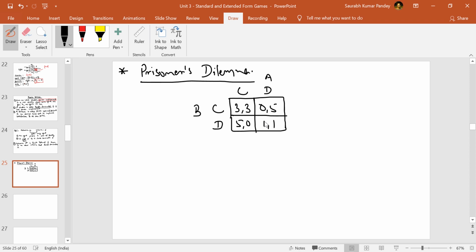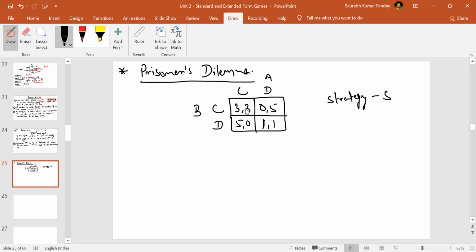Now if I want to find the Pareto optimality, how to do so? The concept is very simple. From a situation, also known as a strategy S, suppose I move from 3 3 to 0 5.